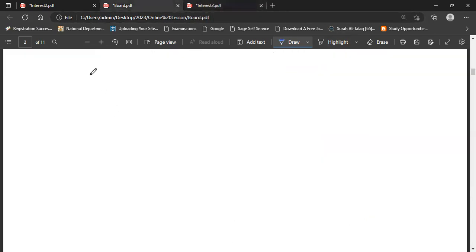Okay, we need to use a whiteboard. Here we go. We say Mr. Moleko, he has two options. Option 1, he takes money from his uncle and he pays 18% per annum under simple interest.